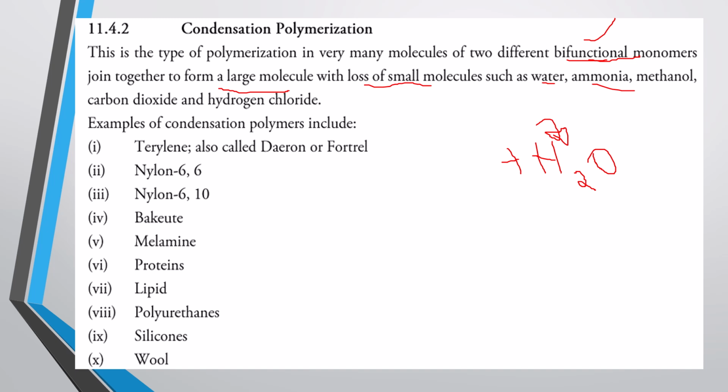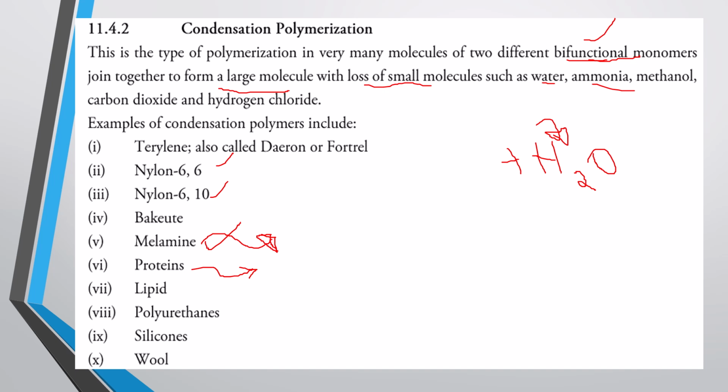Now looking at the polymers that are formed by condensation polymerization, we are going to look at nylon 6,6 and also nylon 6,10. We also look at melamine. Melamine is very common. It's what you use in manufacture of your plates. I hope you have some plates of melamine at home. If you do, you can like this video. We can also look at proteins.